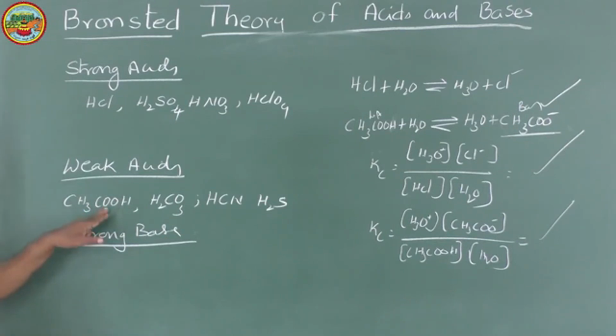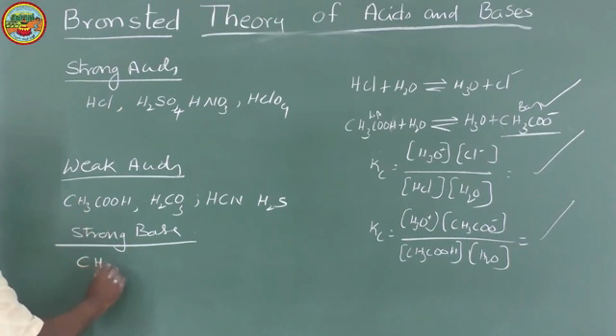Here these are considered weak acids because they prefer to be in a molecular state. Their ions are not stable. Their ions have more tendency to accept a proton. That's why they are in molecular state. And hence, the conjugate bases of these acids: CH3COO minus is the conjugate base of CH3COOH.